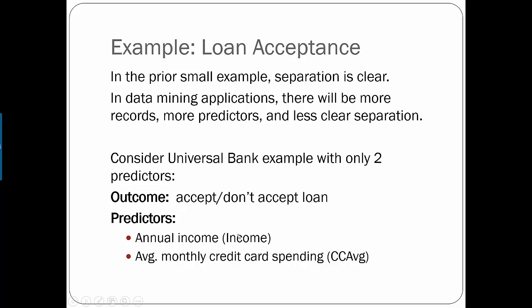And let's look at just two predictors. The data file itself has lots of predictors, but we want to use only two: annual income and average monthly credit card spending, CCAVG.